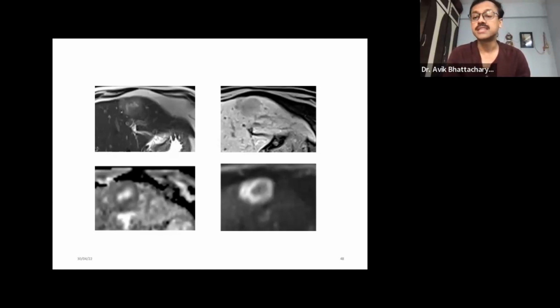So if you tell all these things, if the lesion is more than 1 centimeter, automatically this lesion falls into the category of LR5.